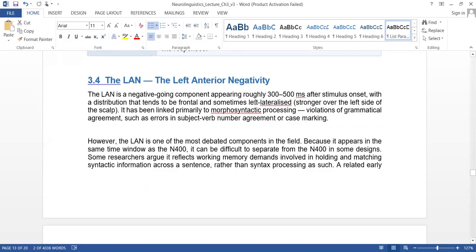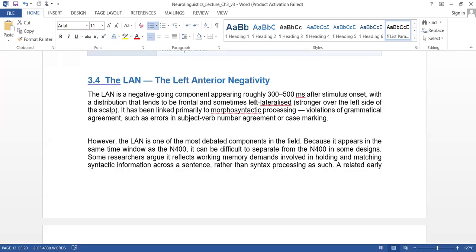Then we have left anterior negativity. The LAN is a negative-going component appearing roughly 300 to 500 milliseconds after stimulus onset. The distribution tends to be frontal, sometimes left lateralized, stronger over the left side of the skull. LAN is one of the most debated components in the field because it appears in the same time window as N400.